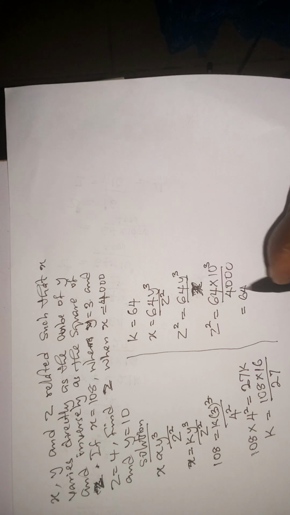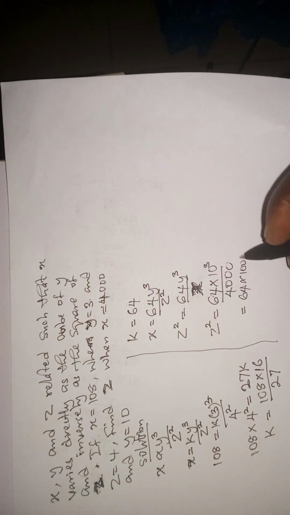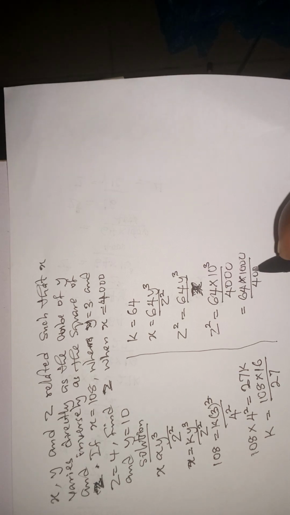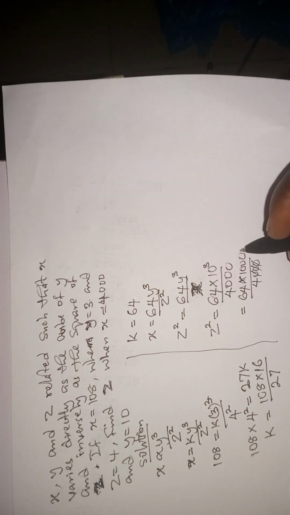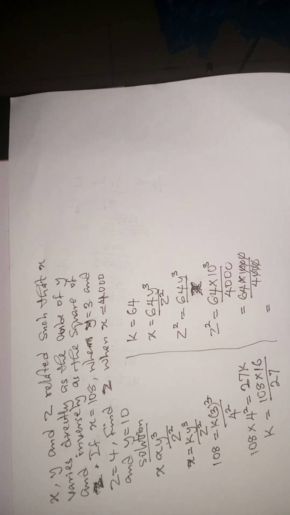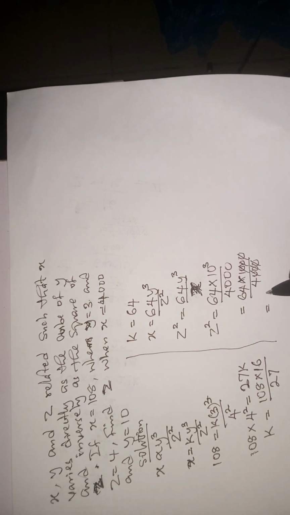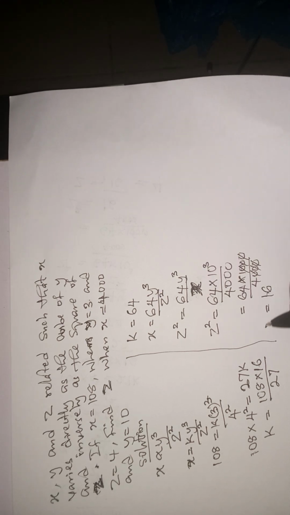Of course, this gives us 64 times 1,000 divided by 4,000. The zeros cancel, and this gives us 16. So Z square is equal to 16.